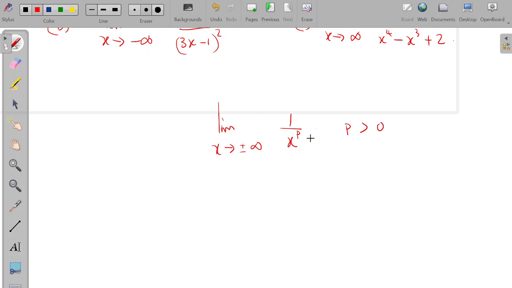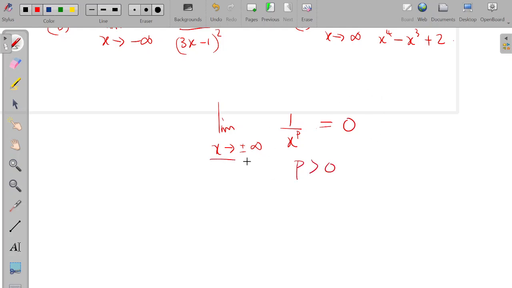So we want the power of the denominator to be greater. If it is so, we know that this limit is 0.